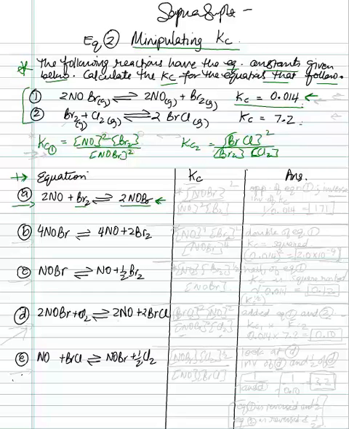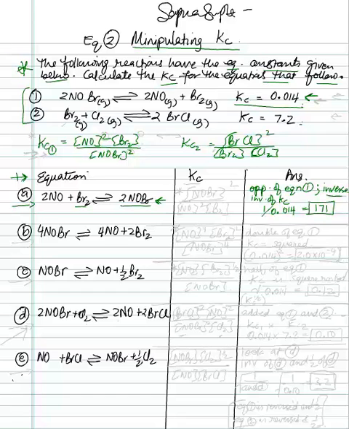So if it is an opposite of equation 1, it means that it is inverse. And if it is inverse, then you take the inverse of Kc. An inverse of Kc would be 1 over 0.014, and that is 171.